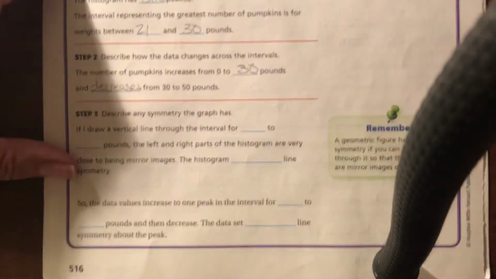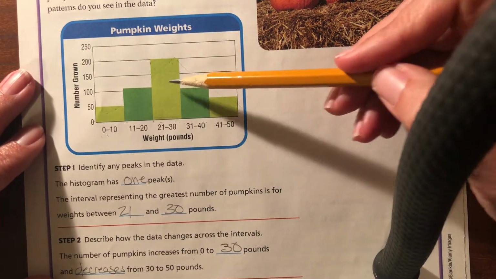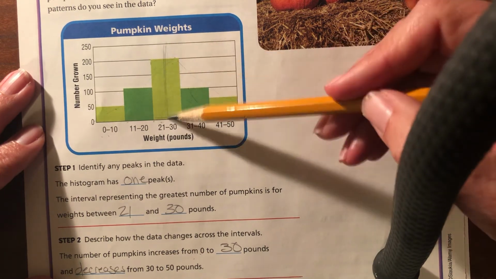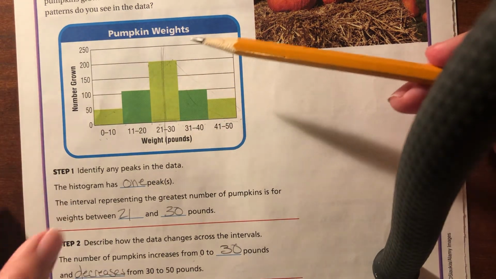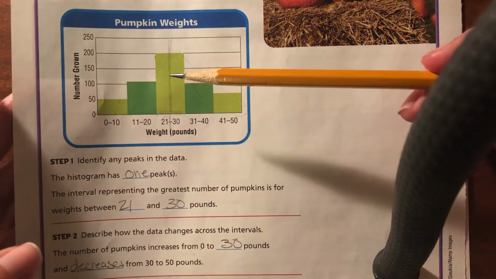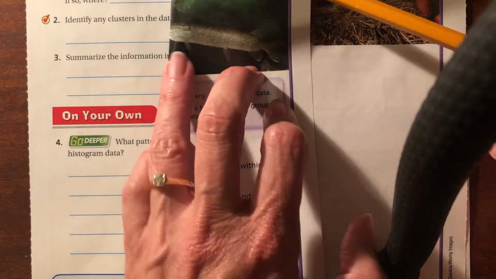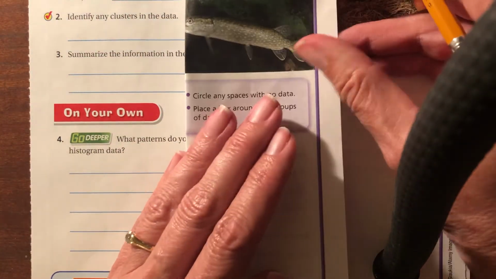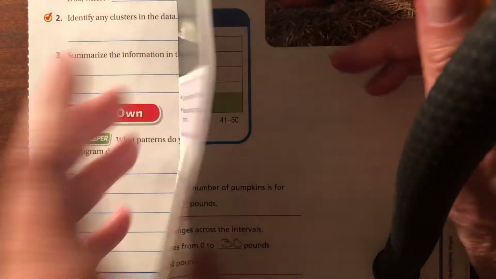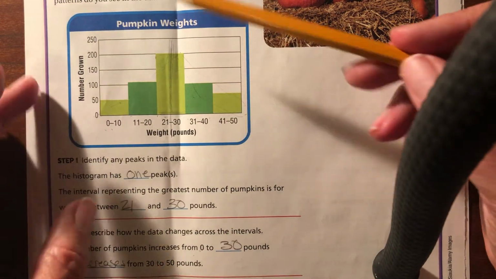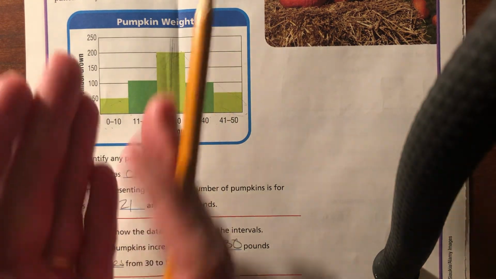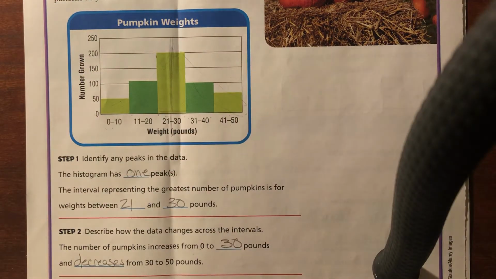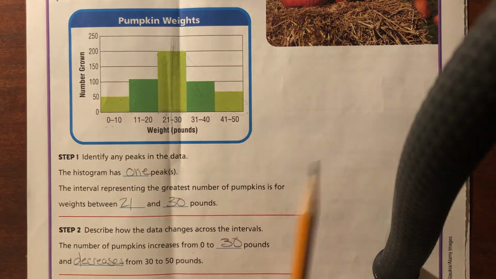So if I draw a vertical line right through the middle, through the peak, and I were to fold it on that line, notice how it's pretty symmetrical coming out from this line. So this is a line of symmetry. That's what they're getting at.